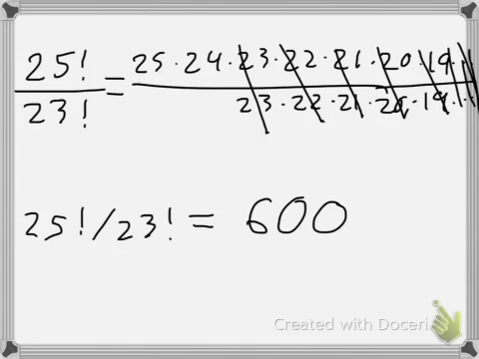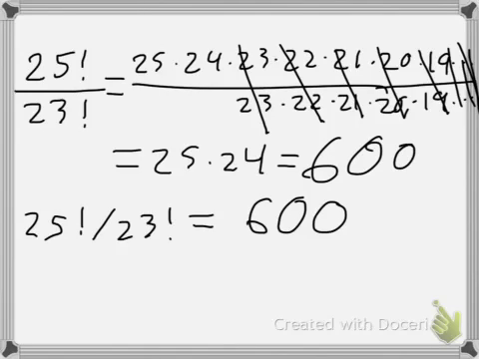So what am I left with? 25 times 24, and so that is equal to 600. So it works out. So there you go.